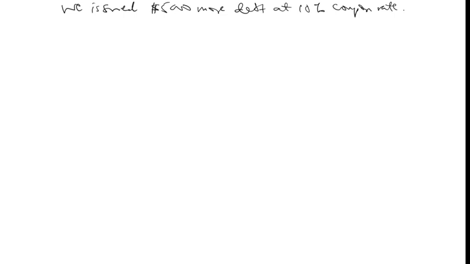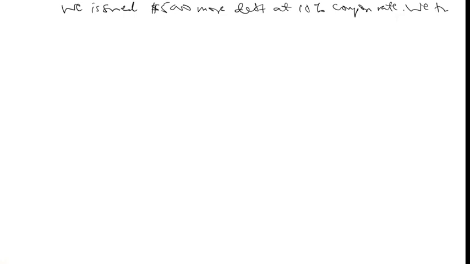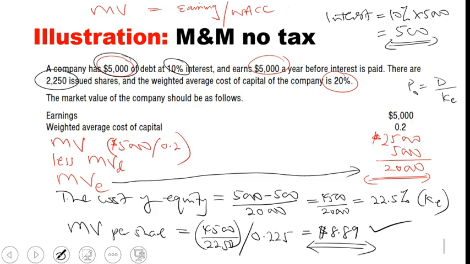And now we then repurchased about 562 shares. Okay, we repurchased our shares at that market value of $8.89, which means we left about how much? 562 from our shares 2,250.